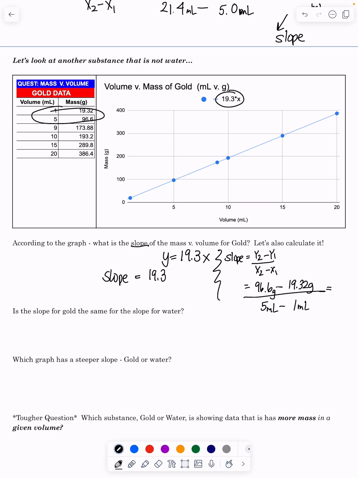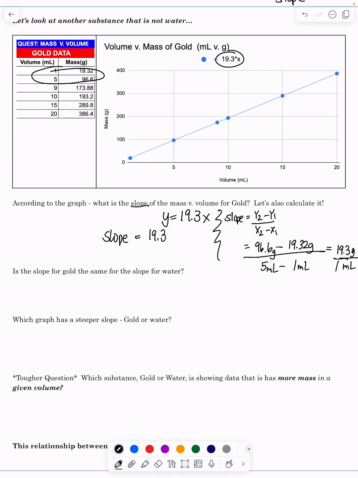When we do this math, our slope equals 19.3 grams per milliliter. 19.3 grams per 1 milliliter. So the slope that we get from the graph should match our calculation.